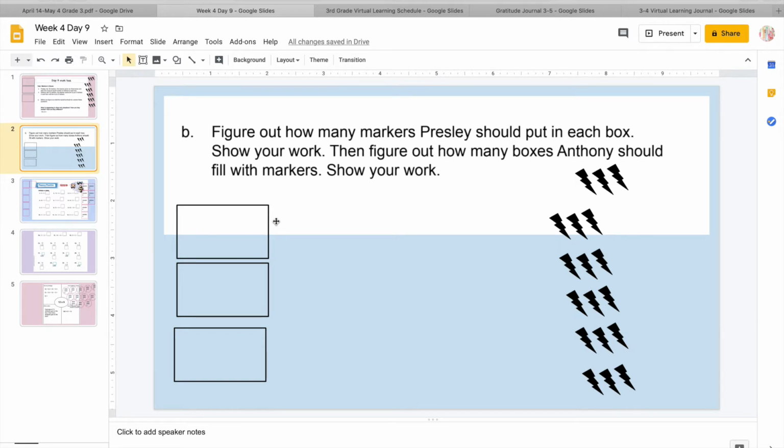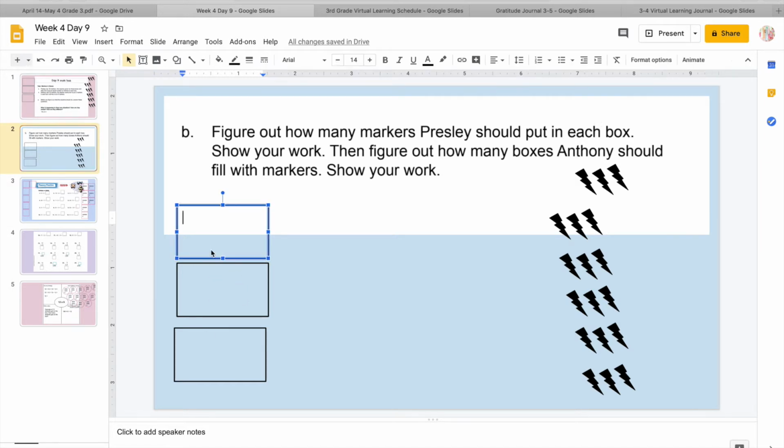What they want you to do is, here are 18 markers, and they want you to divide them up into 3 groups. So I'm going to go through one by one until I'm out of 18.